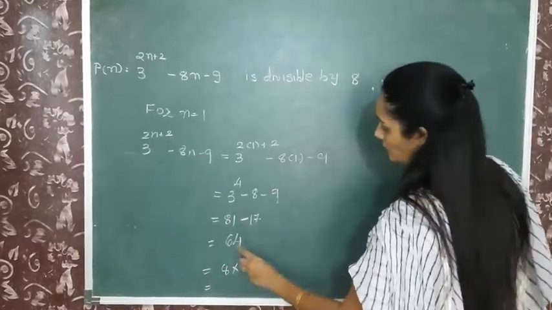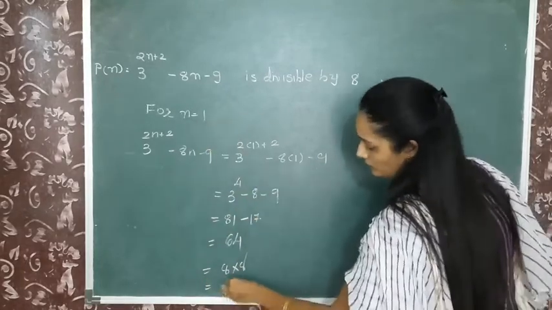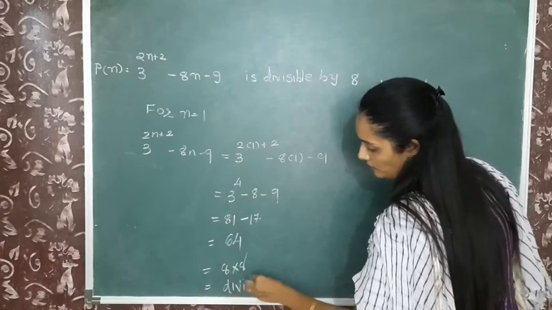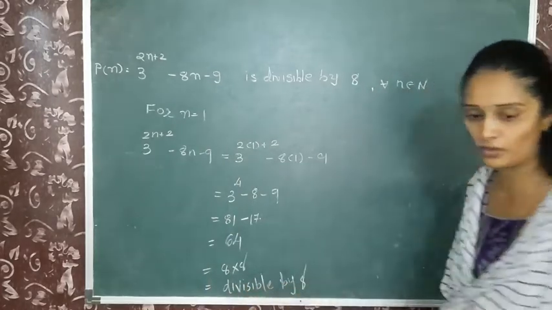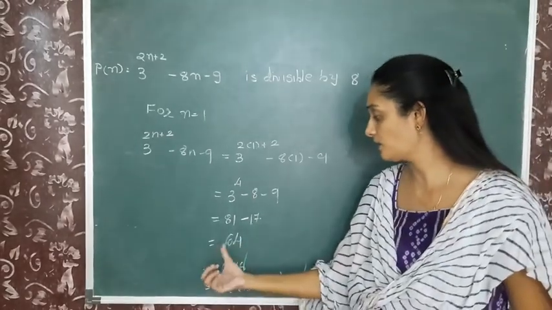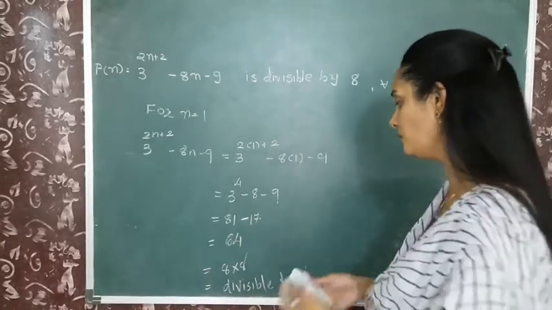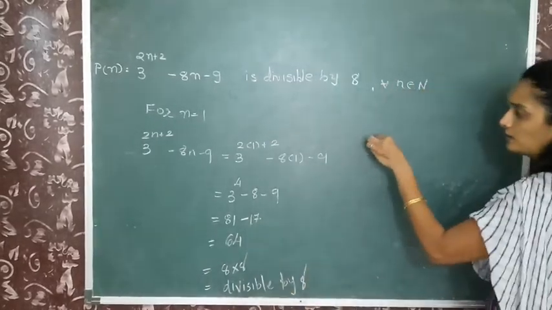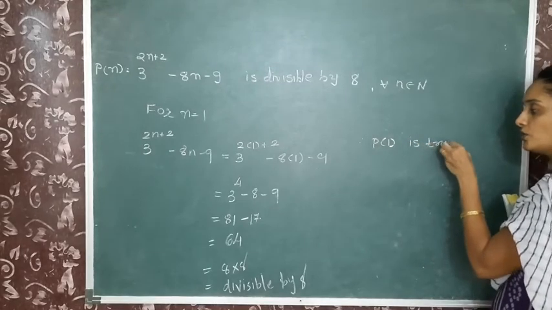So this term for n equals 1 is divisible by 8. That means whatever the answer, one factor is 8. Therefore P of 1 is true.